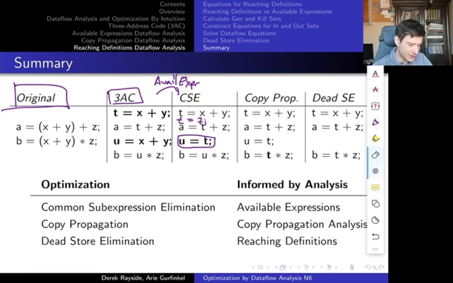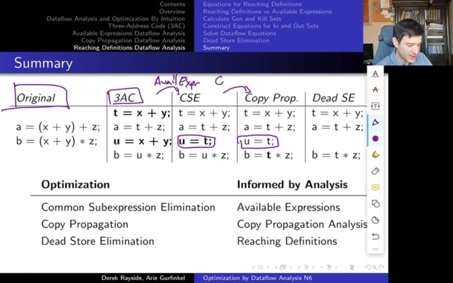So to avoid confusing you, I'm going to remove my change and then move on. After common sub-expression elimination, what we might end up with is a lot of copies like this, a lot of equalities. U equals T, variable equals variable. And so then we do copy propagation.